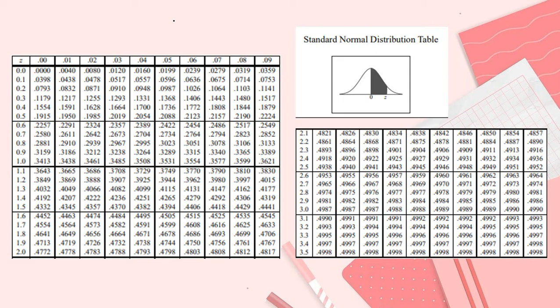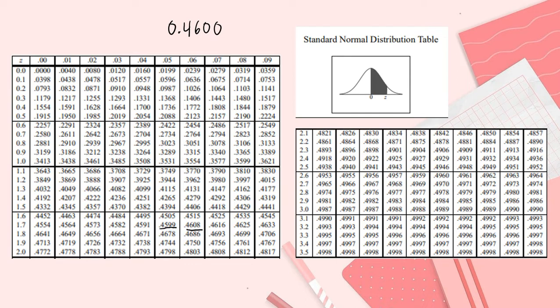So, kapag transform natin yon into decimal, that is 0.4600 kasi 46%. So, hahanapin mo dito sa table natin kung ano yung pinakamalapit sa 46%. Ano kaya yon? So we have here 0.4599, tama? 4599, tsaka 4608.